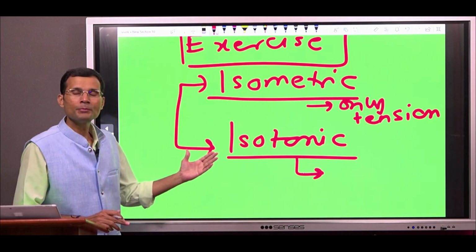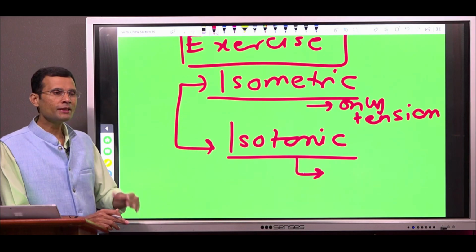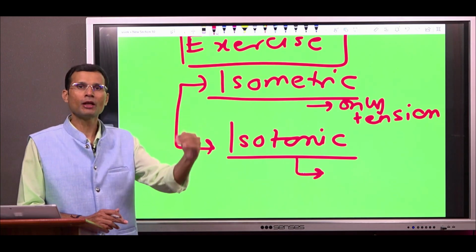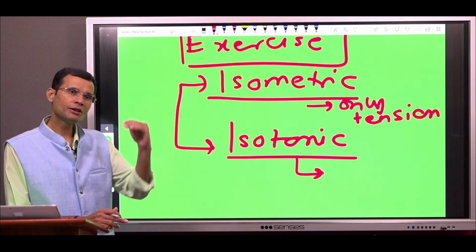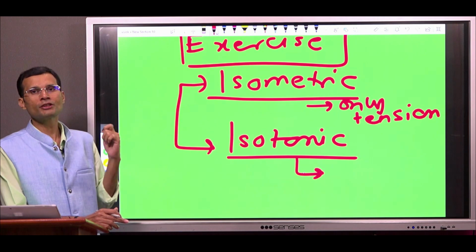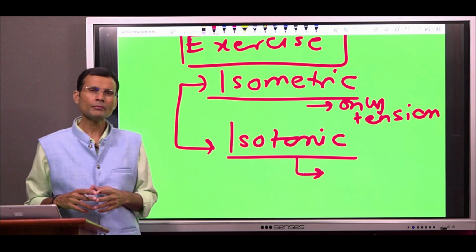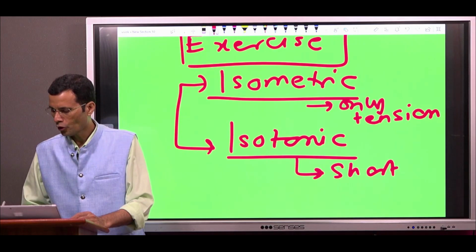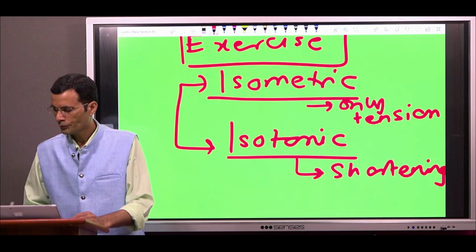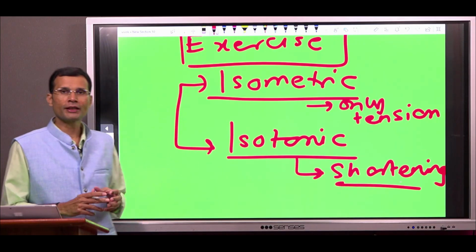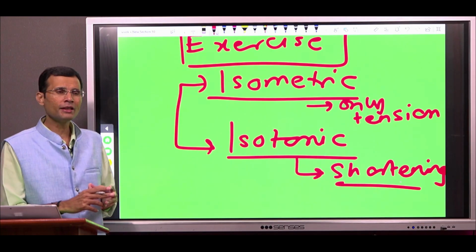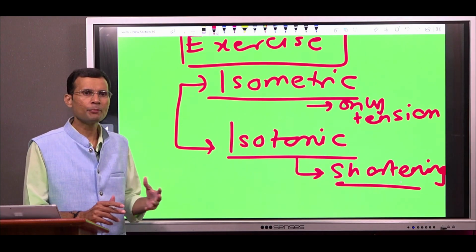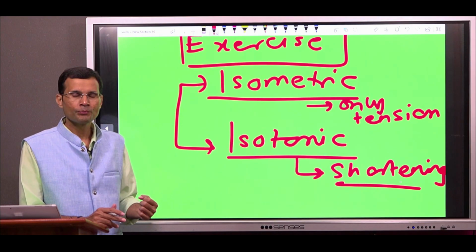So, isotonic contraction means after a certain tension gets developed, that tension will remain the same and now the muscle will start shortening. So, shortening occurs during the isotonic contraction.